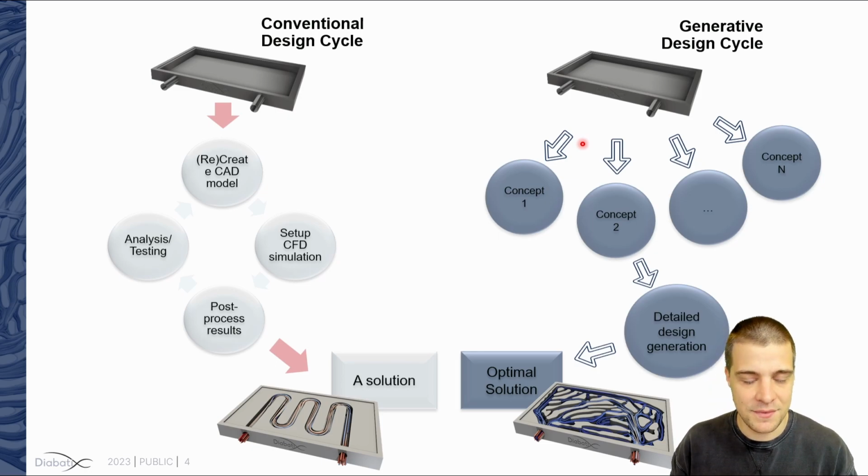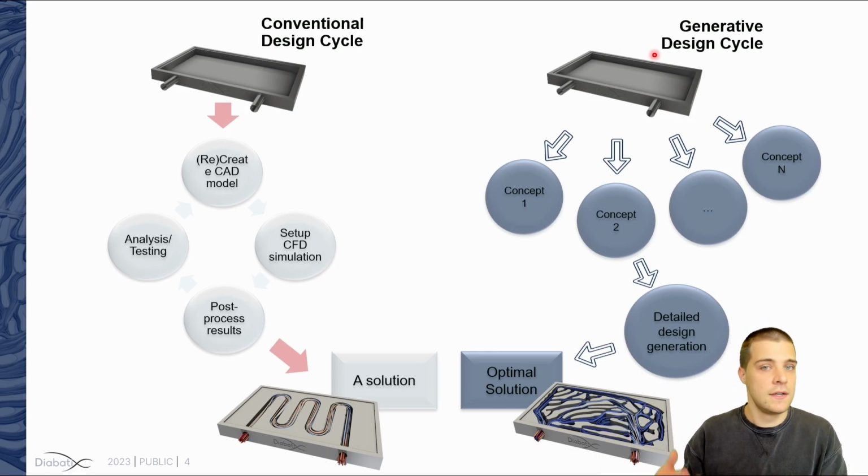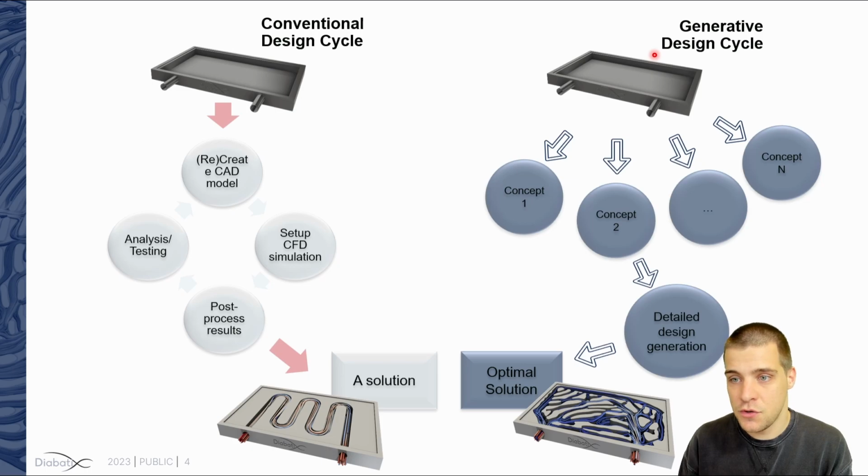the process starts from the same initial problem, where you have some capability or some space to generate a cooling solution. In the first step, Coldstream allows you to, in a very quick way, generate a wide variety of concepts, might very well be in a very short time frame. Might very well be that one of those concepts already meets the cooling requirements.